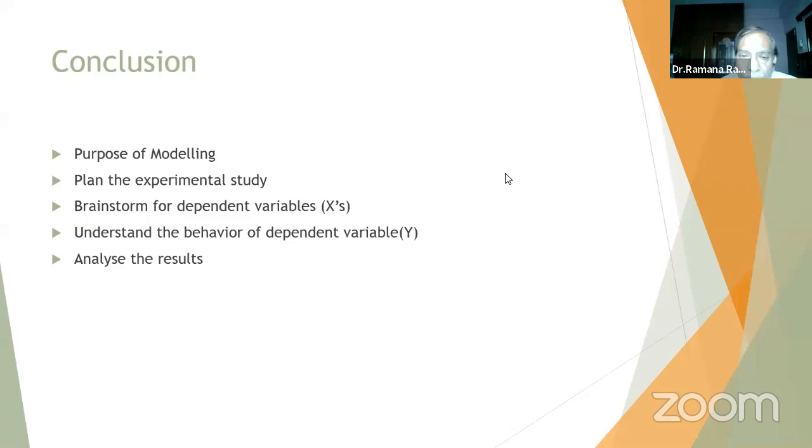So they are available free. Number three, even if you take the cost into consideration, for 100 hours they will charge you 1500 rupees, and that's what I saw, for a very big software. So Minitab is the way to go, because I have seen several examples.